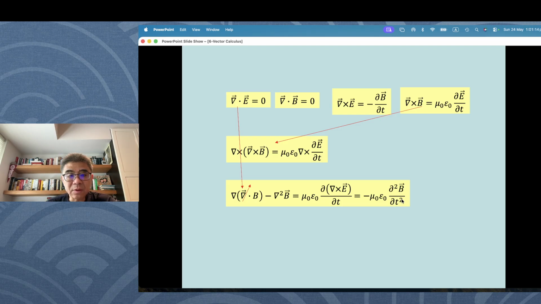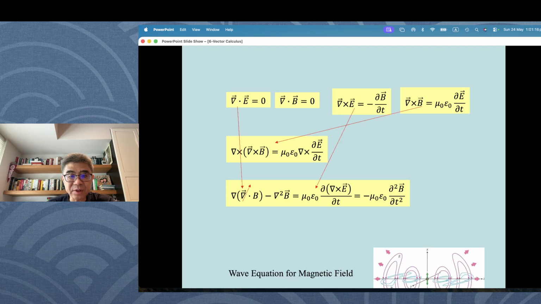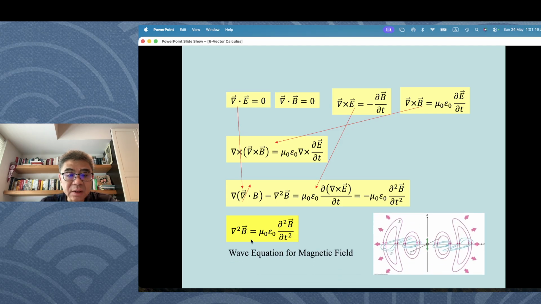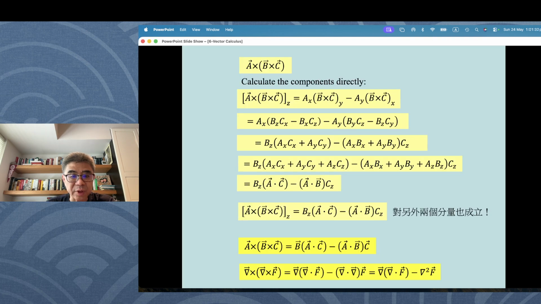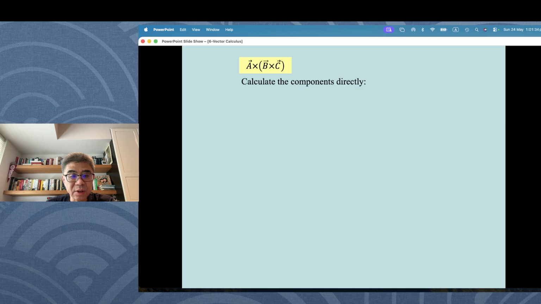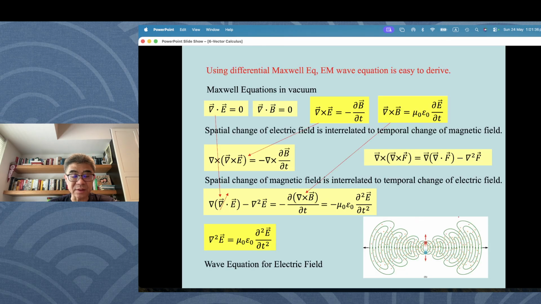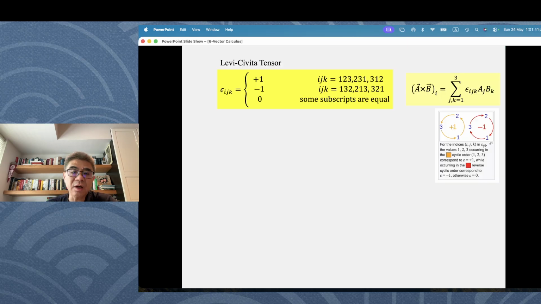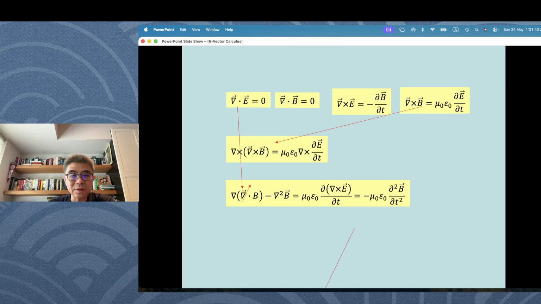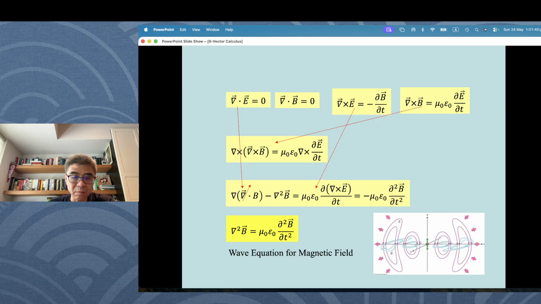Okay, therefore taking everything together, you get the Laplacian of the magnetic field equal to mu 0 epsilon 0 partial square B partial t square. So compared to the earlier page, the equation for electric field is totally the same as the equation for magnetic field, which is a wave equation for electromagnetic field in vacuum.